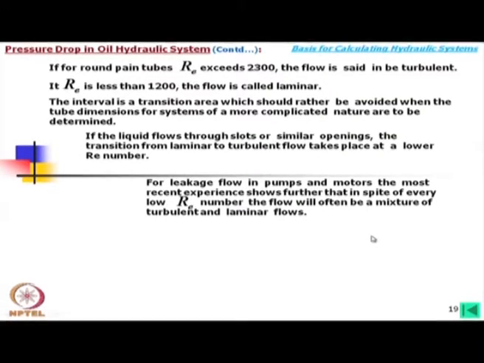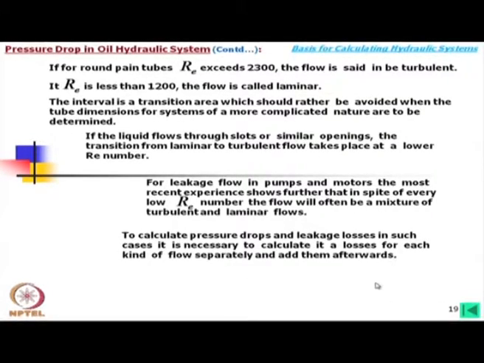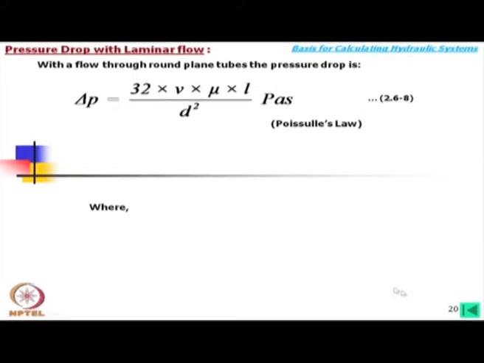Actually, in valve flow it is like that. To calculate pressure drops and leakage losses in such cases, it is necessary to calculate losses for each kind of flow separately and add them afterwards. We have to superimpose.